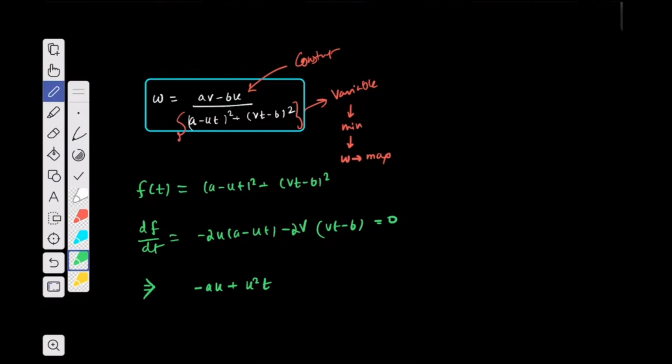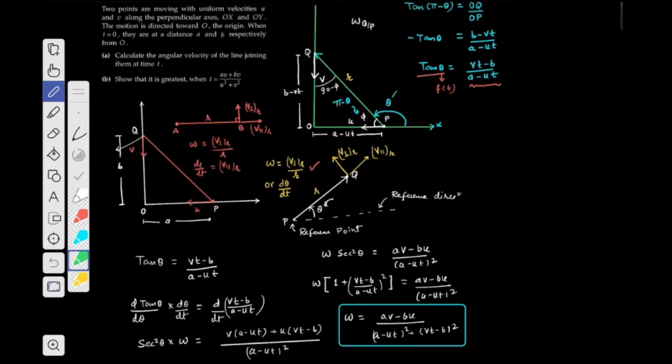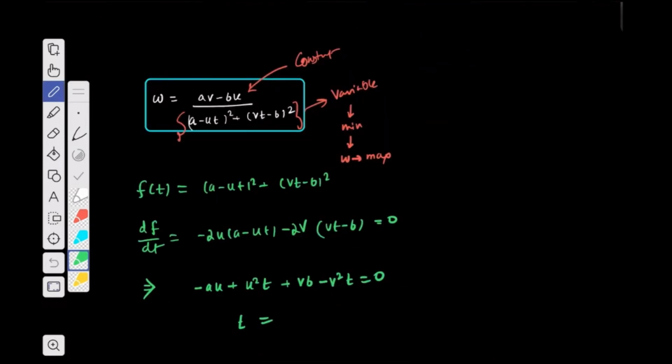So next it will be minus of, plus of vb and minus of v square t equals to 0. Simplifying it, you will get whatever they're asking us to prove. Is it coming the same or not? So here plus will come. So correct it here.